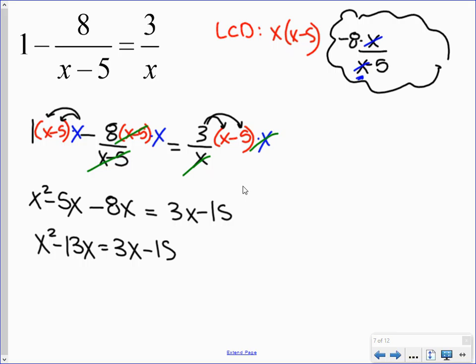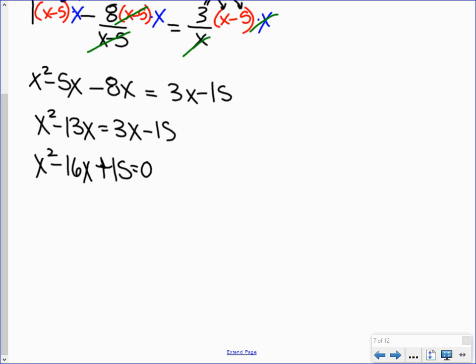I would subtract 3x and add 15 to both sides, so that I have x squared minus 16x plus 15. Remember, you can't factor until one side's equal to 0.